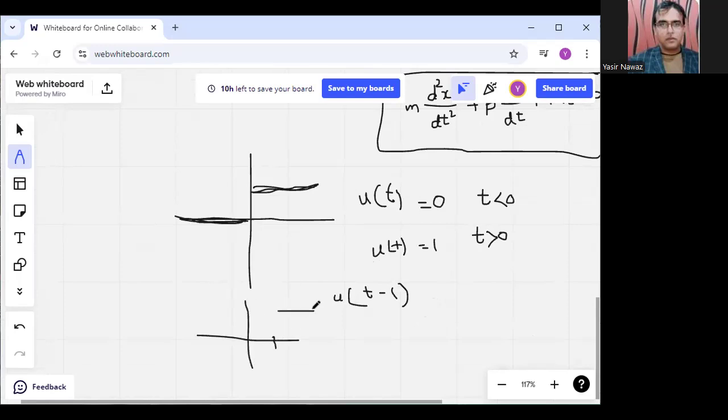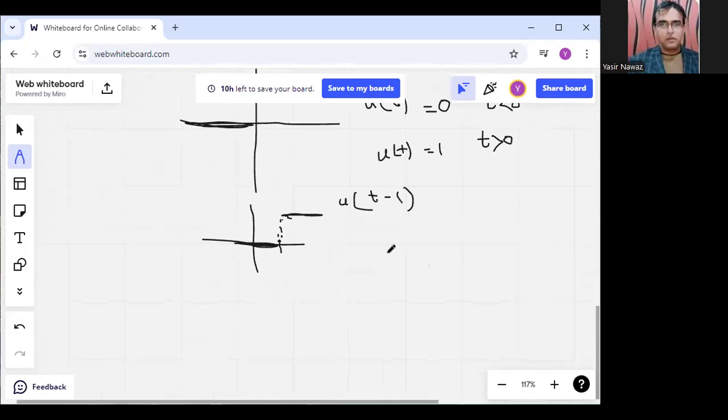It is 0 here, and it is 1 here. You can also add this vertical line. That's a translated unit step function, translated towards the positive x-axis with a step of 1.